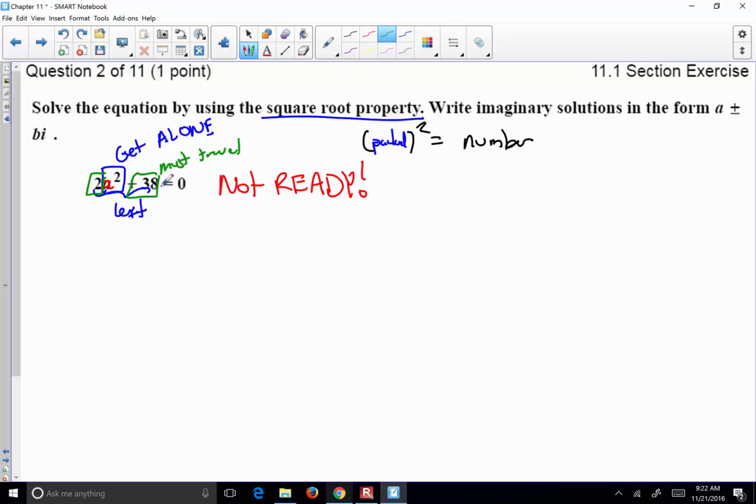These green items must travel to the other side. Okay? So which one do you move first? 2 or 38? Yeah. The stuff adding or subtracting travels first. So I need to move 38 to the other side by subtracting, putting the opposite on both sides.